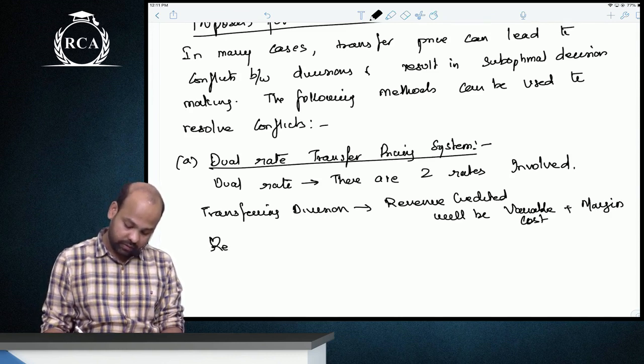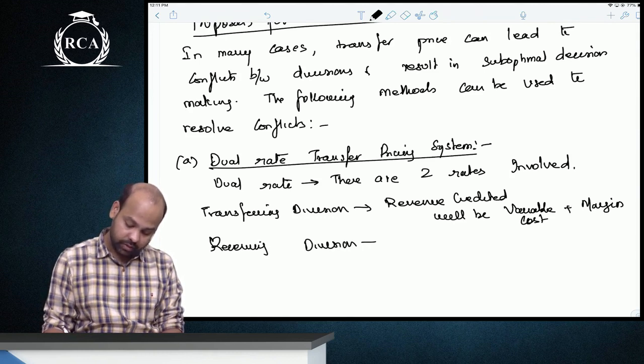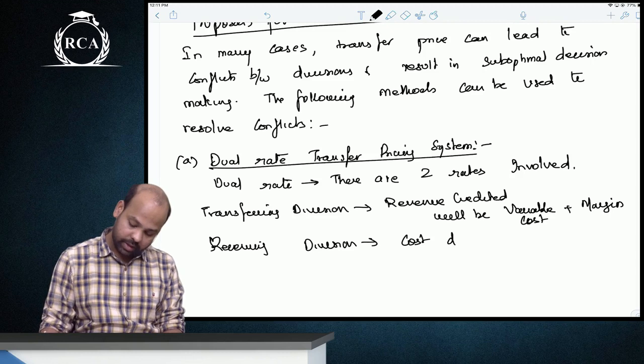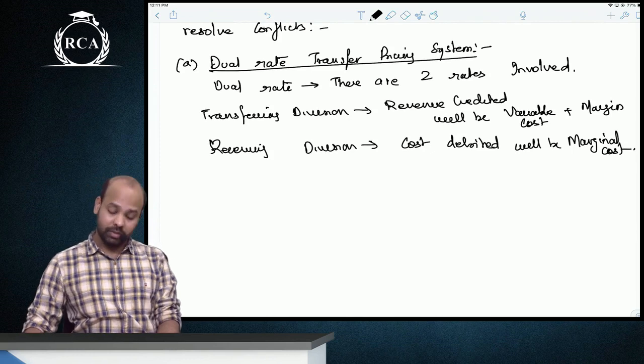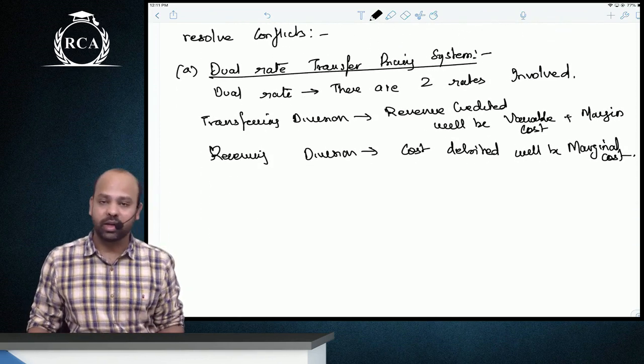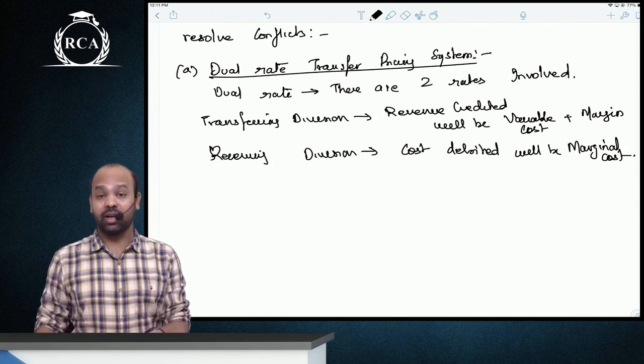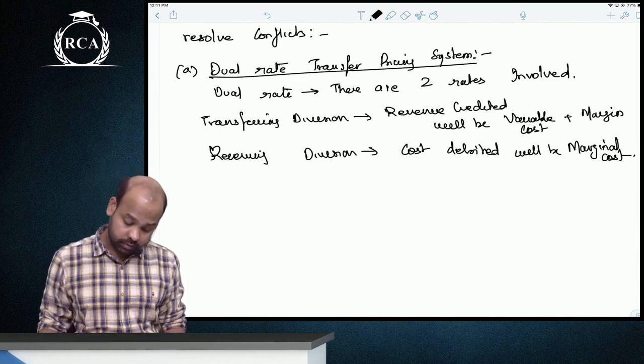For the receiving division, cost debited will be marginal cost. You're all supposed to write this. The cost debited, guys, will be marginal cost.